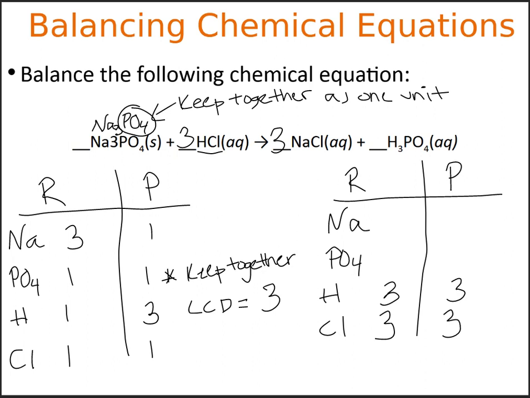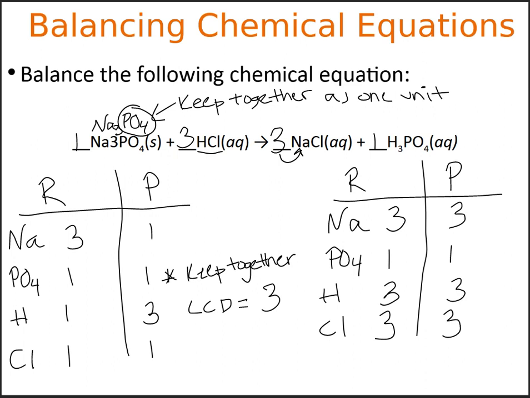Well, that actually works out well because we have 3 sodiums on the reactant side, and now we have 3 sodiums on the product side because we added this 3 here to multiply by. For the phosphates, we haven't done anything to those, so we leave that the same. So if you're going to fill in a number here, it would be 1 and 1.